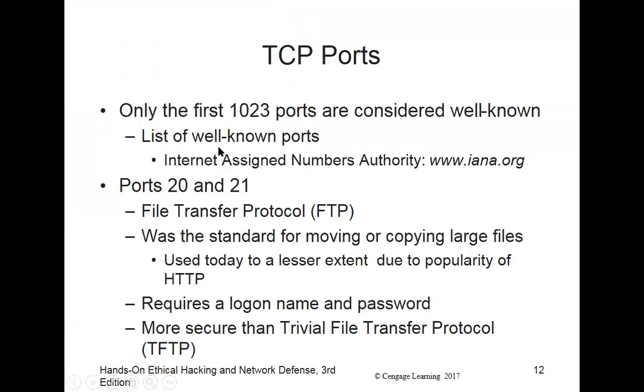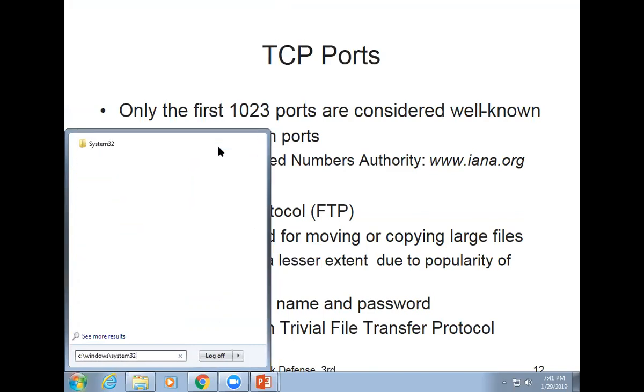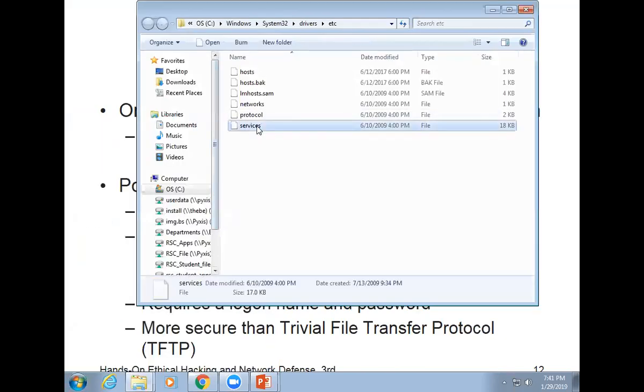Okay, TCP ports. So the first 1,023 ports are considered well known. Does anyone know an easy place on this machine to find out what port's what? I'm going to go to C, Windows, System32, drivers, etc. No, I'm going to open up services.